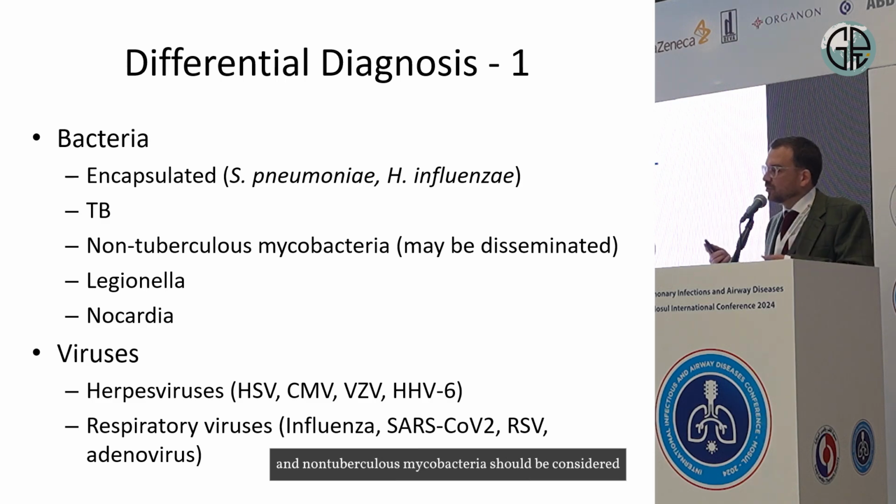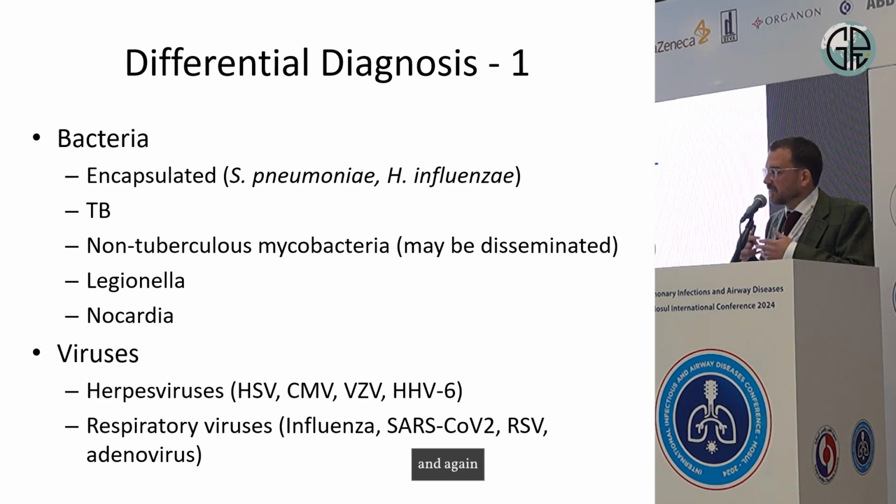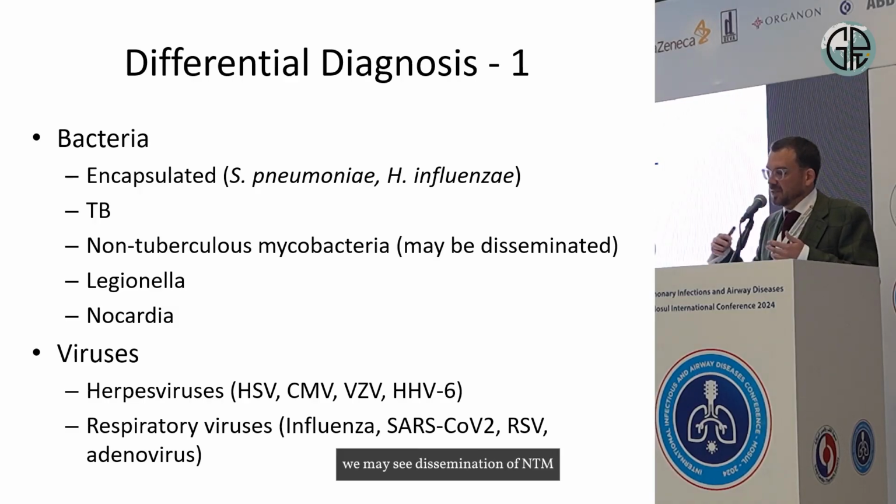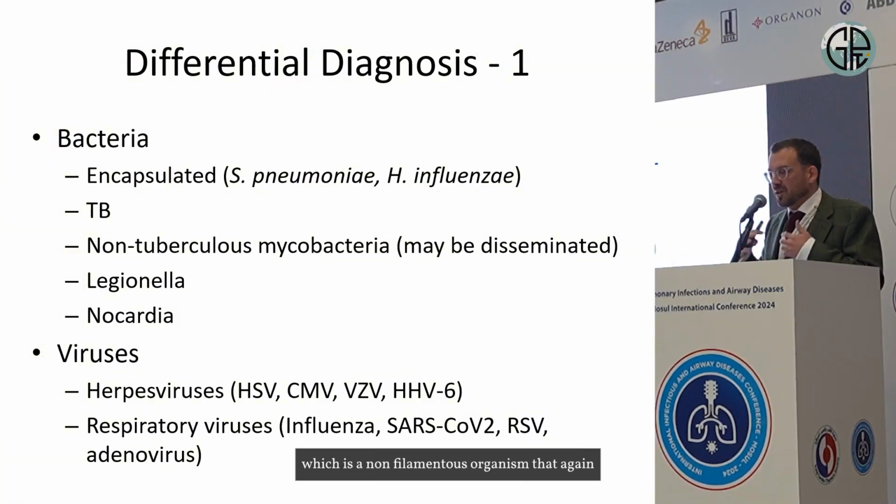Both TB and non-tuberculous mycobacteria should be considered, and again, in patients with profound immunodeficiency, we may see dissemination of NTM. Legionella and nocardia, which is a non-filamentous organism that again causes infection in patients with significant deficiencies in innate immunity, are other bacteria that should be considered.